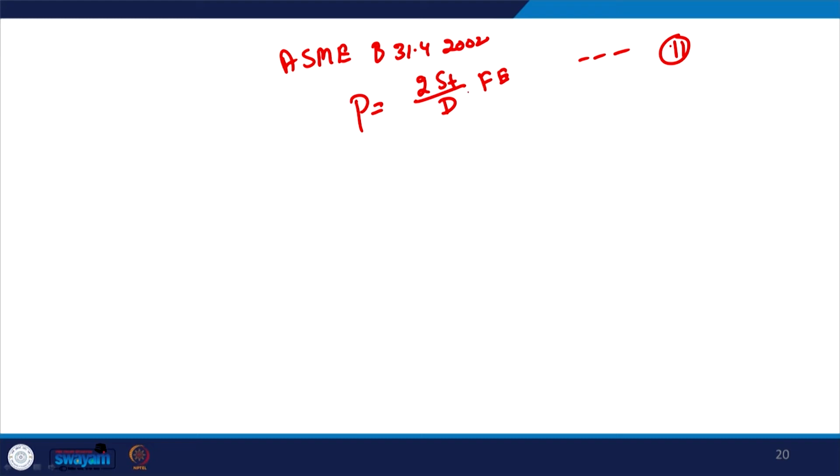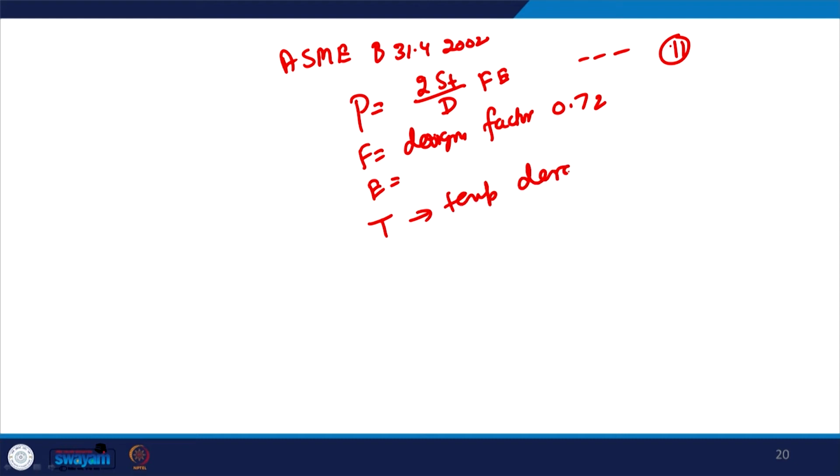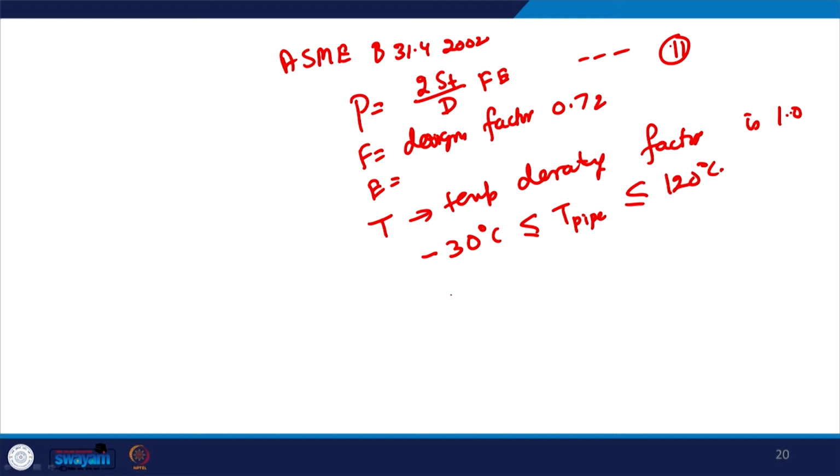Again F is the design factor (0.72), E is the longitudinal joint factor, and the temperature derating factor T is 1.0, provided it lies between minus 30 degrees Celsius and 120 degrees Celsius. Now, T pipe is the pipe temperature.